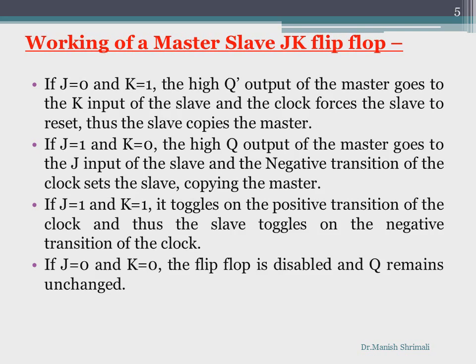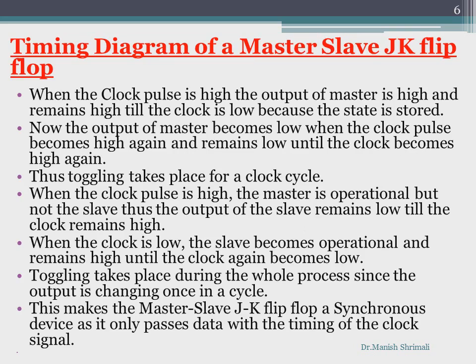And in the third case, if we have both J equal to 1 and K equal to 1, the master will toggle on the positive transition of the clock, and thus the slave toggles on the negative transition of the clock. And when we have J equal to 0 and K equal to 0, the flip flop is disabled, and the output Q remains unchanged.